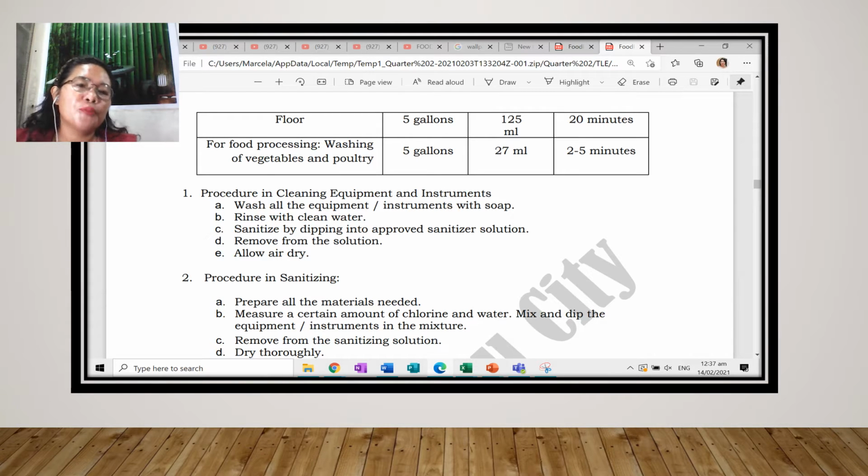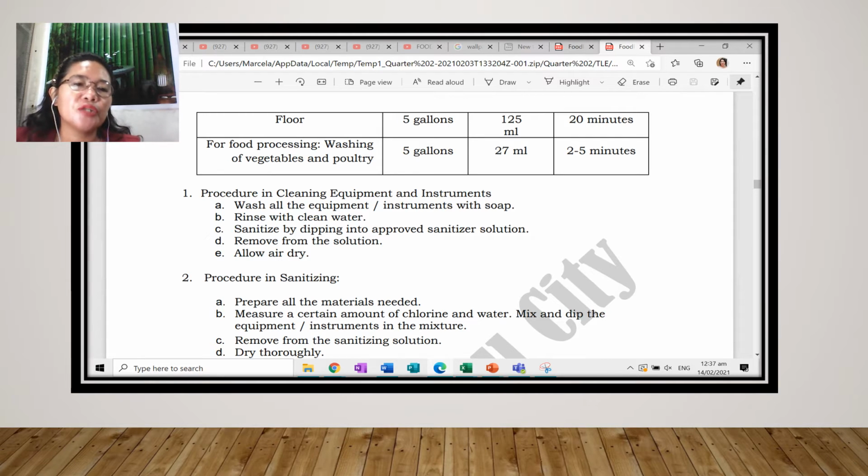Okay. Procedure in cleaning equipment and instruments. When we say procedure, it cannot be interchanged. You have to follow from letter A down to letter E. The first one, you are going to wash all the equipment or instruments with soap.